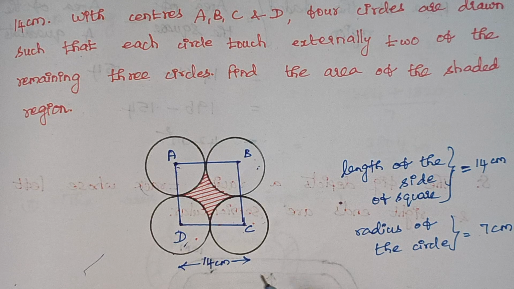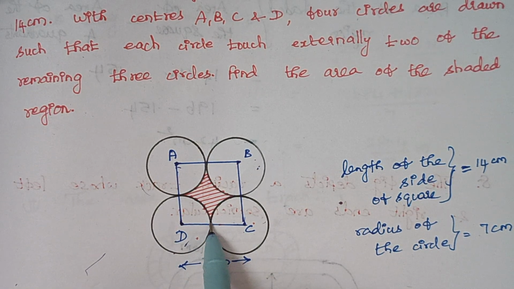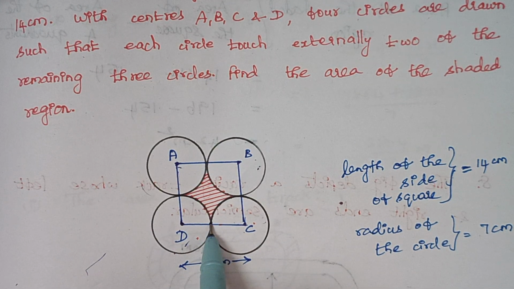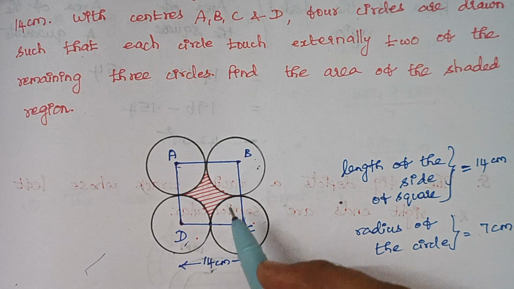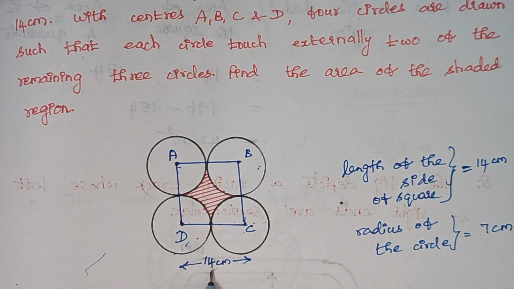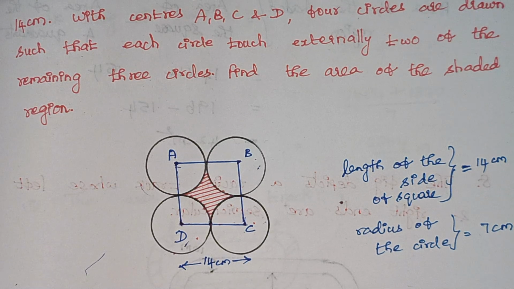Now when you look carefully, a line from the center to the circumference is known as the radius. Therefore, what about the radius of the circle? It is nothing but 14 divided by 2.